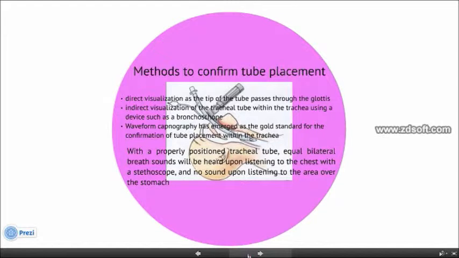Waveform capnography has emerged as the gold standard for the confirmation of the tube placement within the trachea. With a properly positioned tracheal tube, equal bilateral breath sounds will be heard upon listening to the chest with a stethoscope, and no sound upon listening to the area over the sternum.